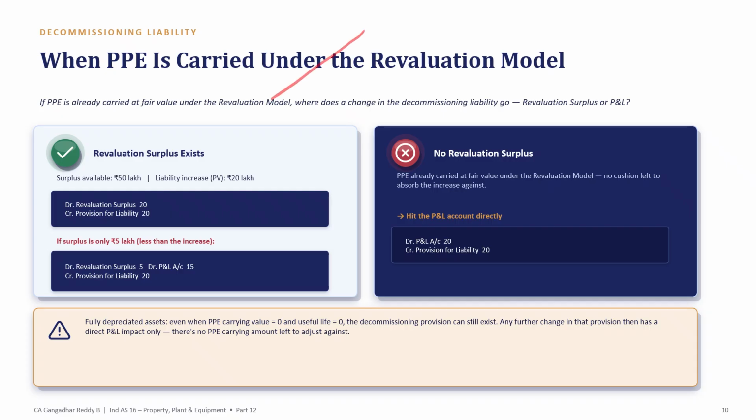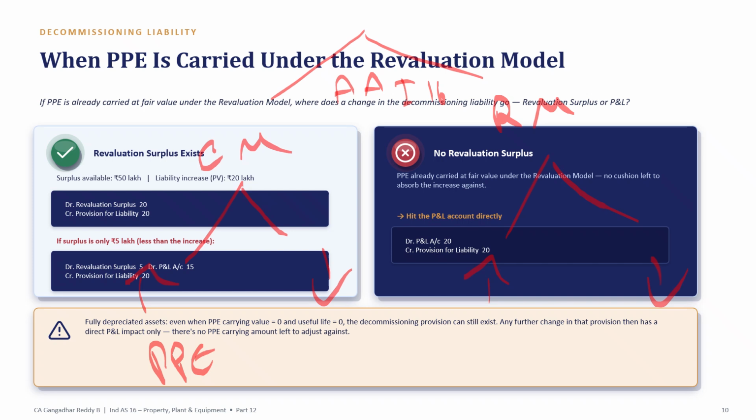How we follow decommissioning liability under Appendix A to Ind AS 16: cost model or revaluation model, and how you should treat these increases and decreases. Either the PPE will exist or it does not exist. If it exists, you should increase the PPE. If it does not exist, you go to the P&L. And in the revaluation model, it depends on the existence of the revaluation surplus account.